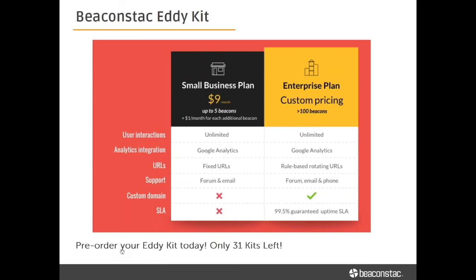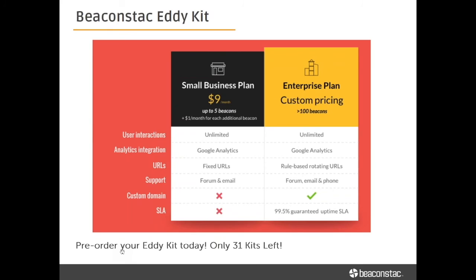Then say you're looking to scale to a much larger deployment, or you yourself are a large enterprise. We have something called the Enterprise Plan. That monthly subscription price to the platform is custom pricing. And this is for deployments typically over 100 beacons, so fairly large in scale, oftentimes across different franchises or different locations.